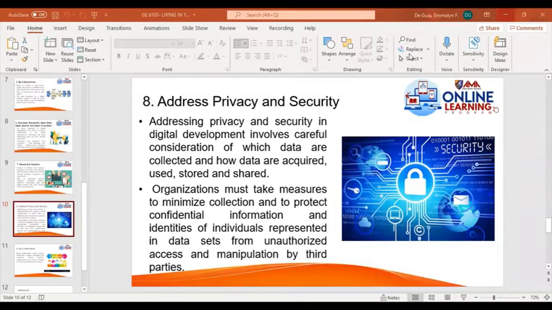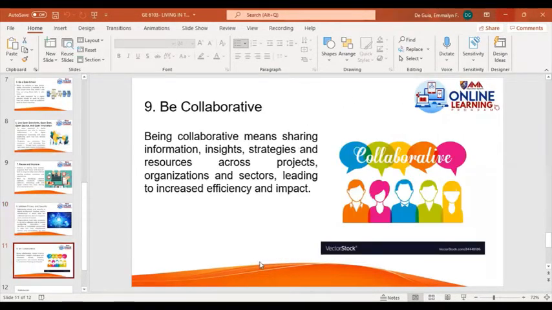Then the last principle would be collaborative. Being collaborative means sharing information, insights, strategies, and resources across projects, organizations, and sectors, leading to increased efficiency and impact.